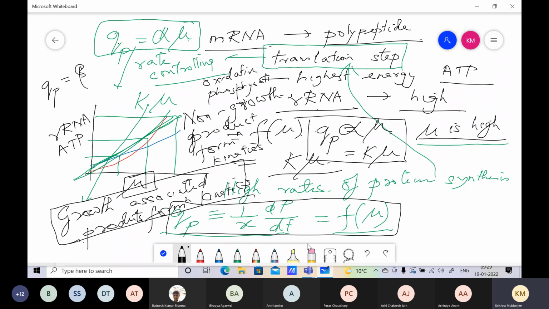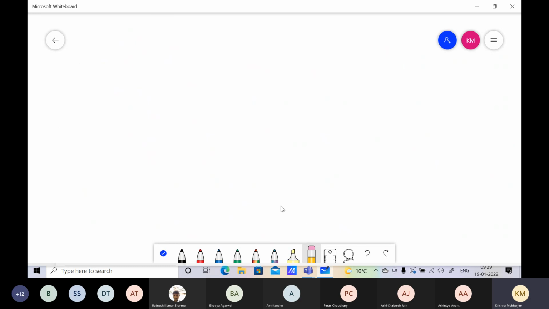These are simplistic notions, but I hope you realize why they had such simple notions. Remember that if QP is proportional to mu, equal to alpha mu, then QP is 1 upon x dP by dt, and mu is 1 upon x dx by dt.